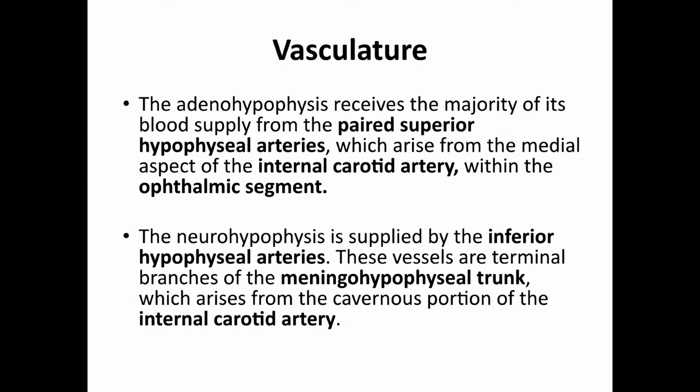Talking about the vasculature, and we already know this, I just jumped forward, that we have a hypophyseal portal system, which is important for us to transfer the hormones. So the adenohypophysis receives the majority of its blood supply from the paired superior hypophyseal arteries, and they are arising from the internal carotid artery at the segment of the ophthalmic region.